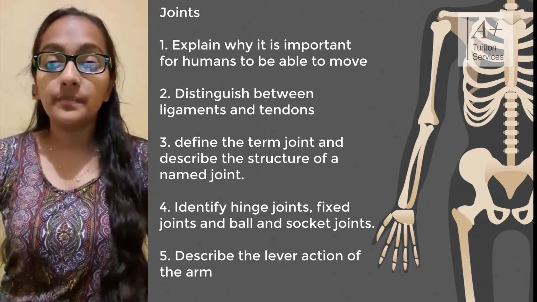Right, so if you can recall from my last video on the skeletal system, we spoke about the types of joints in that video, so you could just recap that video to get the types of joints, but I'll briefly go through it here again.